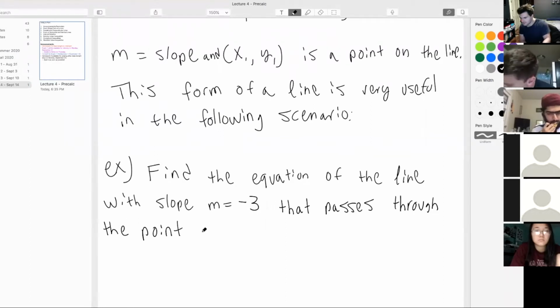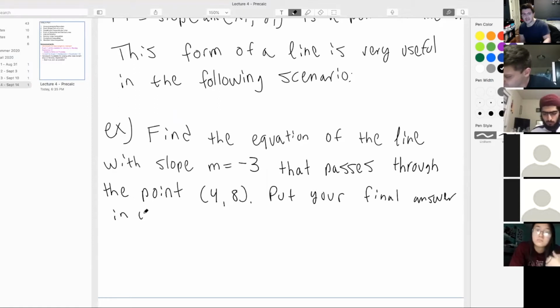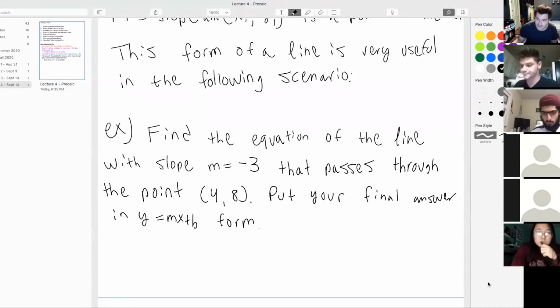That passes through the point, let's say 4 comma 8. And also what will be told to you usually is to put your final answer into y equals mx plus b form, okay? Because we like that form. Also known as slope-intercept form. Okay, so that was from last class.